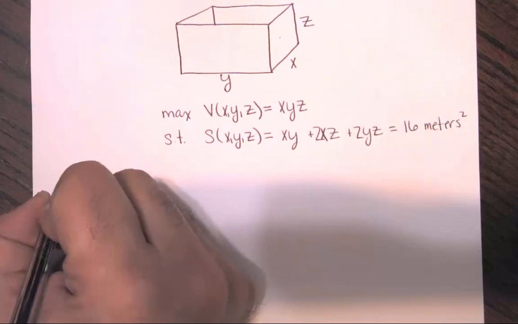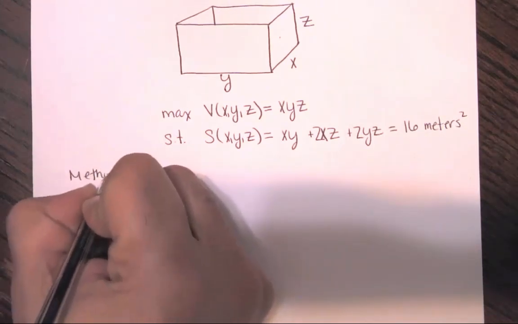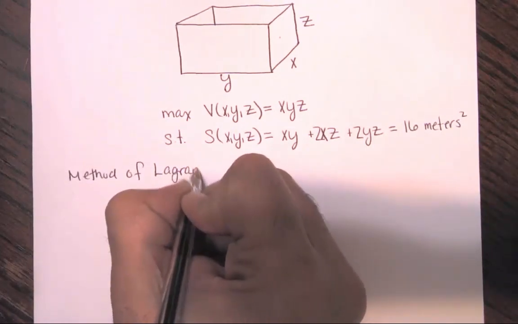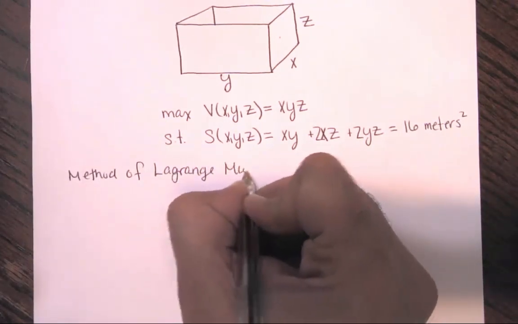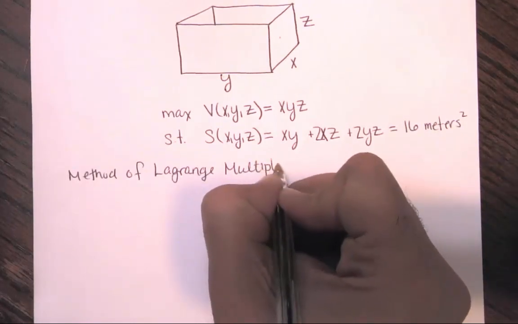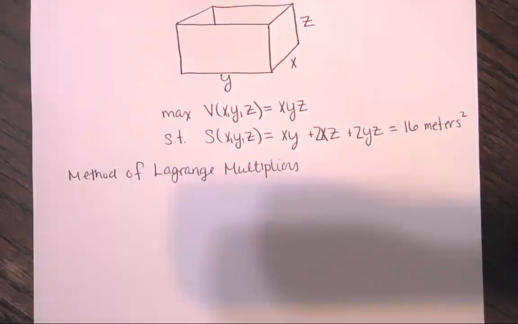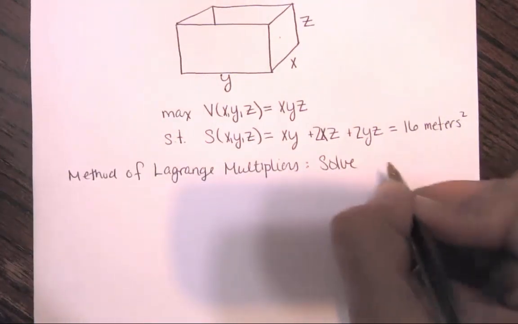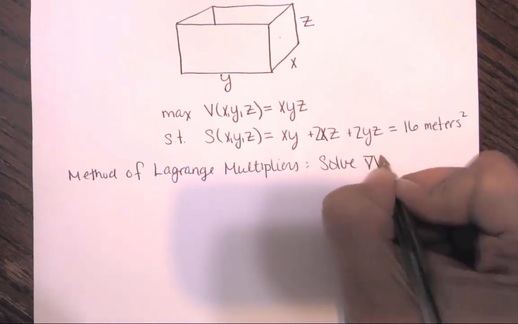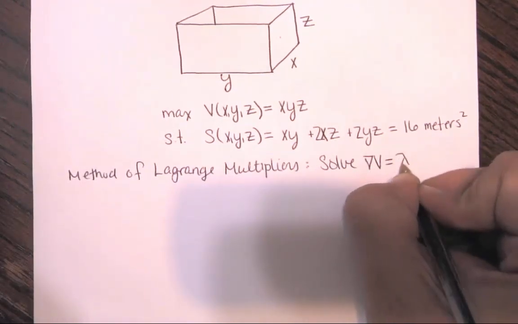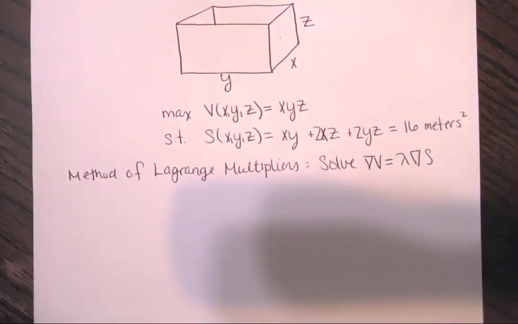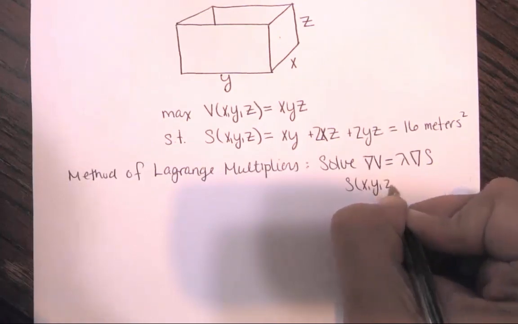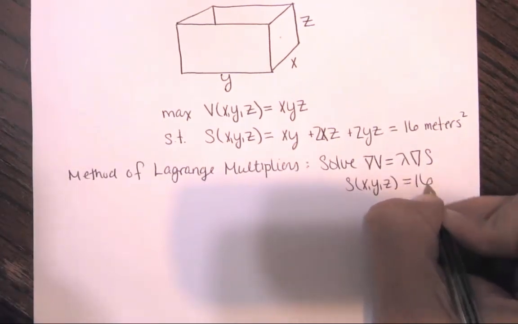So using the method of Lagrange multipliers, I want to solve the gradient of v is parallel to the gradient of s, and of course s is constrained to be 16.